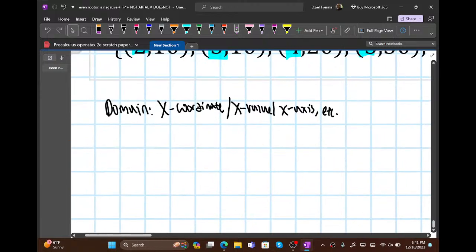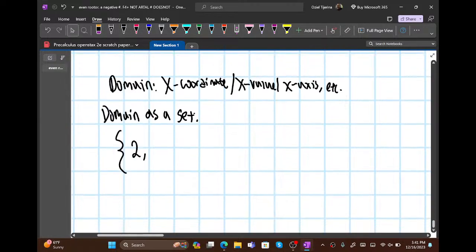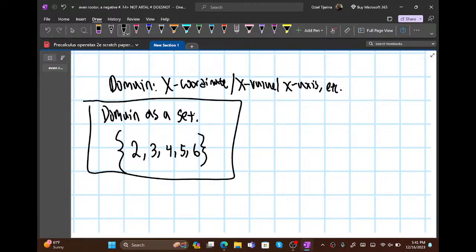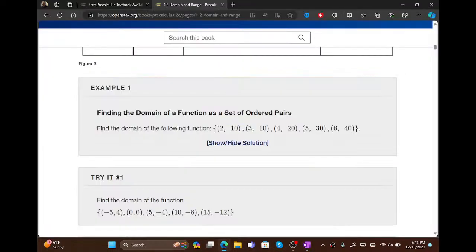So in set notation, the domain as a set would be the following, and it would go 2, 3, 4, 5, and 6. So this would be our answer as a set. Okay, guys? That is how we find the domain as a set.